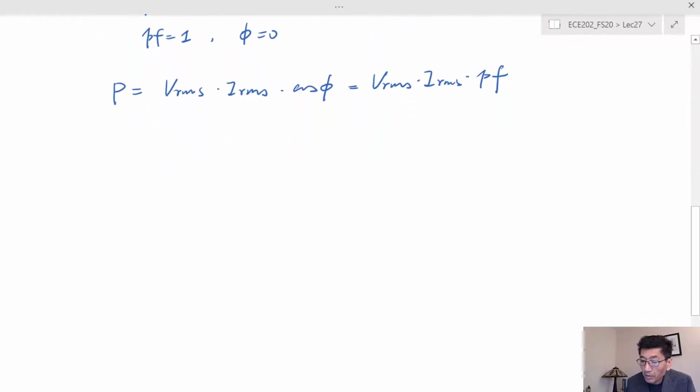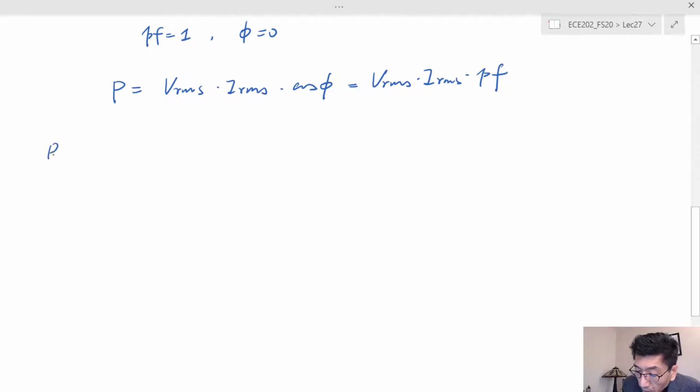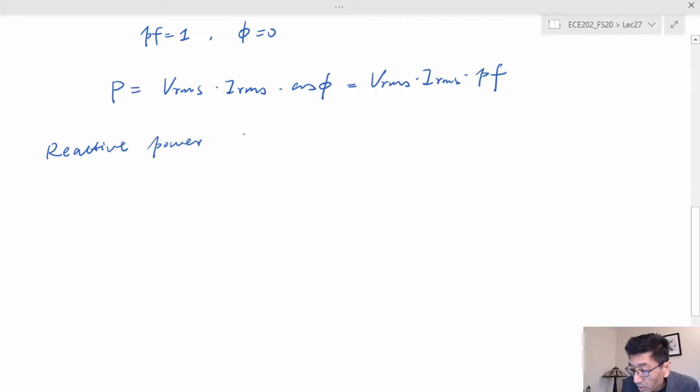And then we talk about the reactive power. We commonly use Q to denote it. We just define Q as V_RMS I_RMS times the sine of the power factor angle, right?